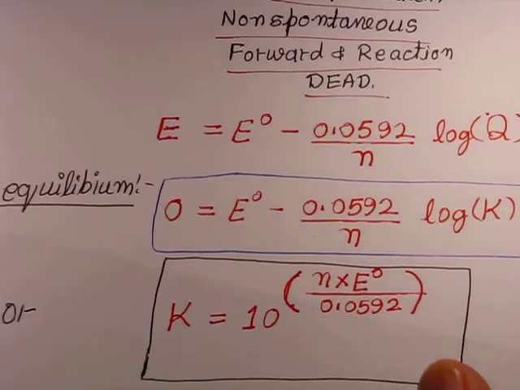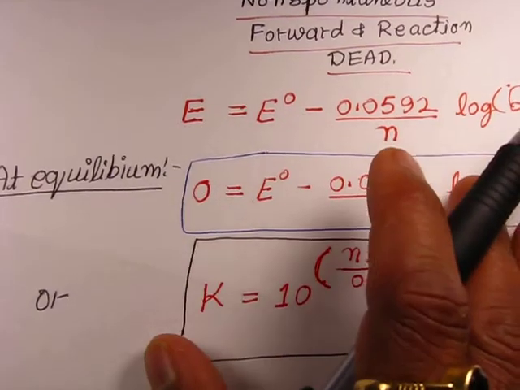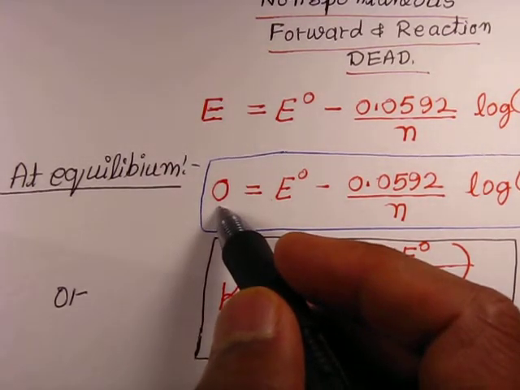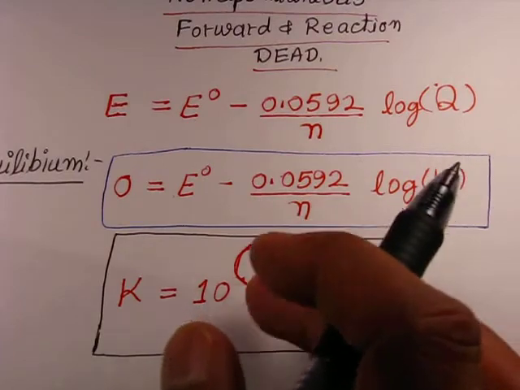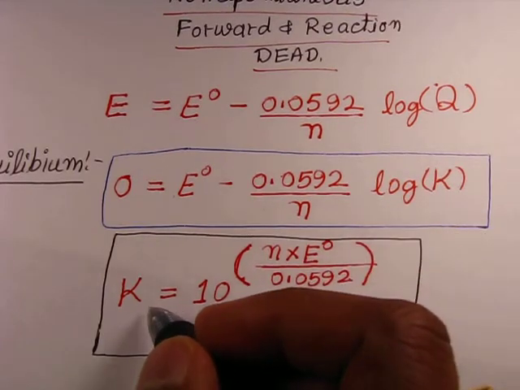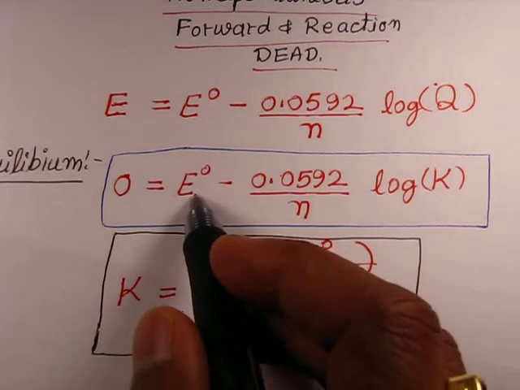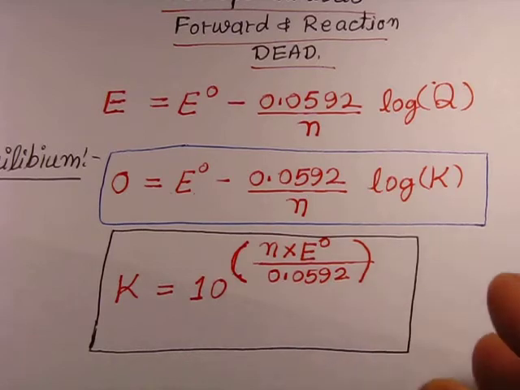And if we talk about equilibrium, the cell potential will become 0. So we can place E equal to 0, and then we can work out how to calculate the K value, and the relationship between the potential in the standard condition and the equilibrium constant.